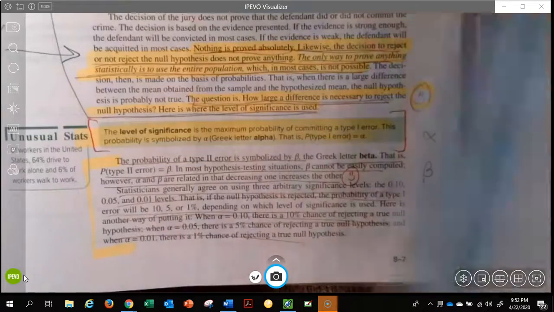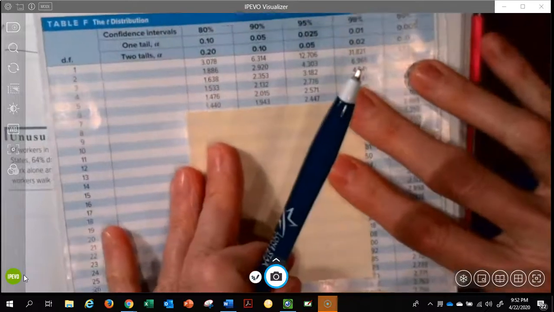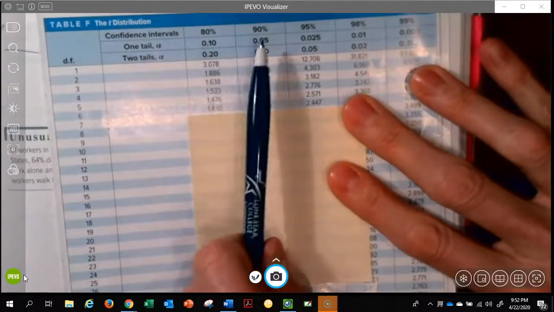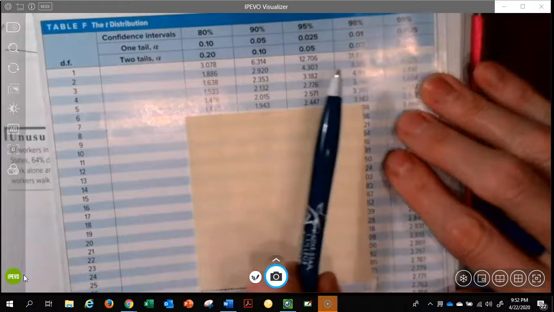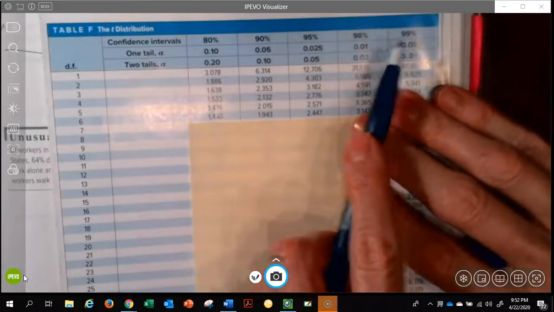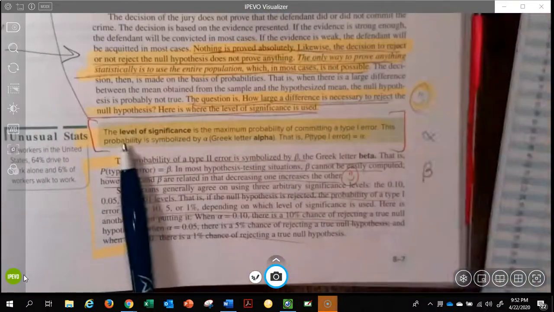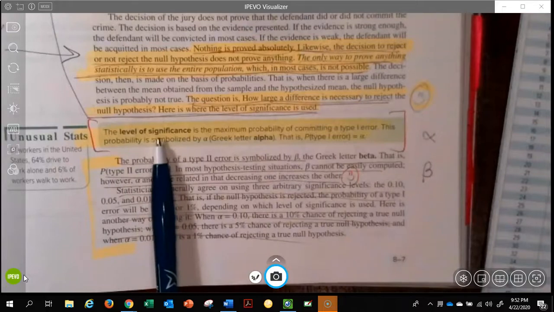I want to point you to your charts. When you look at your charts, I'm looking specifically at table F. When I look at table F, you'll see many of these. But notice they're already related to the ones we've been talking about on confidence intervals. And notice they're calling them here levels of significance.